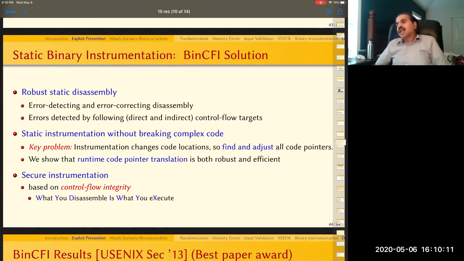And if you recall, the biggest problem for linear disassembly is that it can be confused by data in the midst of code. So if you have binary code that rarely has data in the middle of code, then it makes sense to start with linear disassembly. And in the few cases where it gets into trouble, we have techniques for detecting these errors and correcting them.